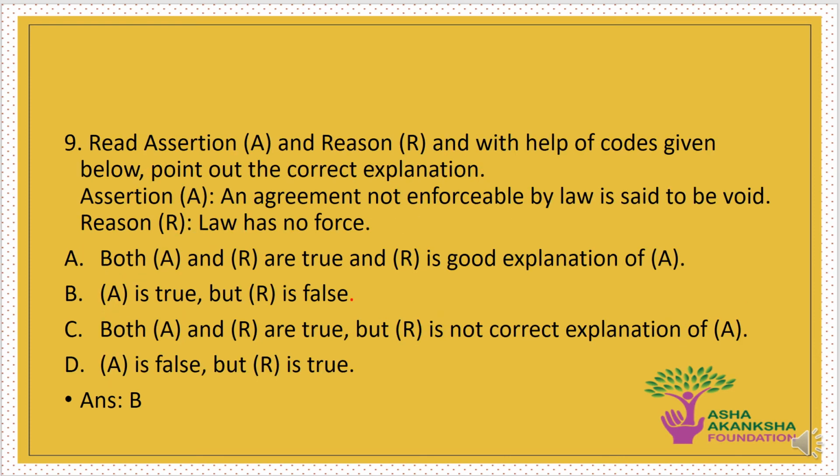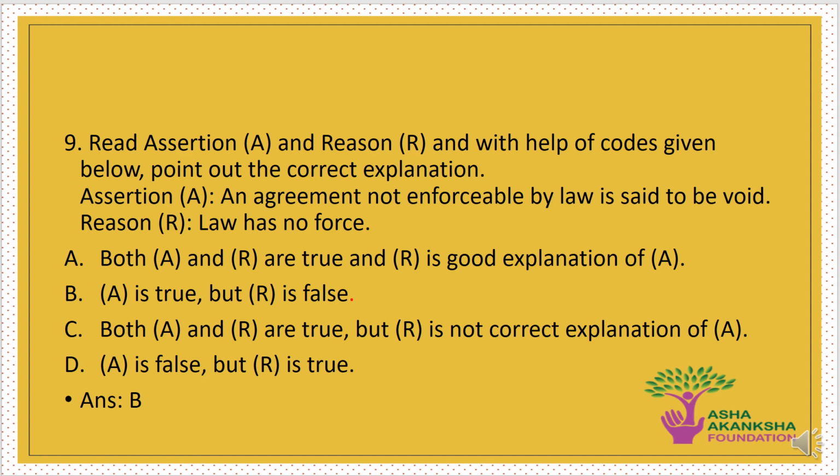The next question is, read assertion and reason, and with the help of codes given below, point out the correct explanation. The assertion is, an agreement not enforceable by law is said to be void. The reason to the assertion is, law has no force. The options are A, both assertion and reason are true, and reason is a good explanation of assertion.